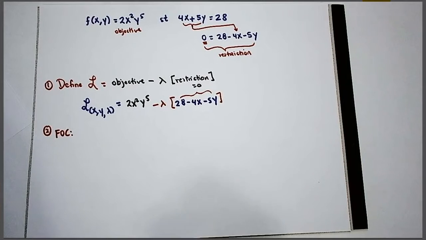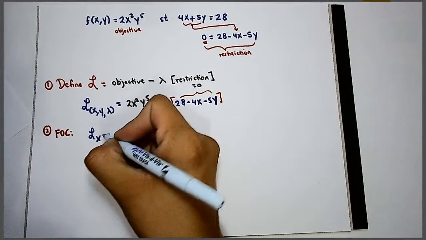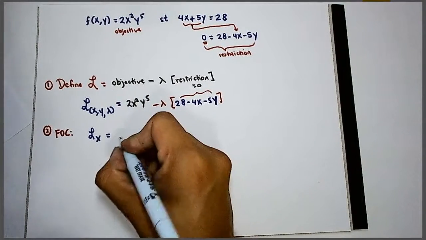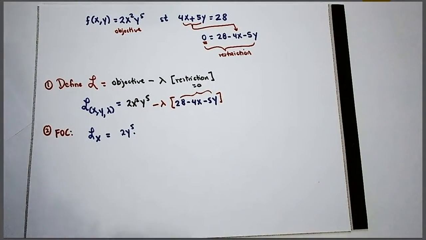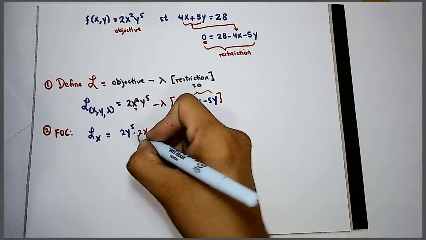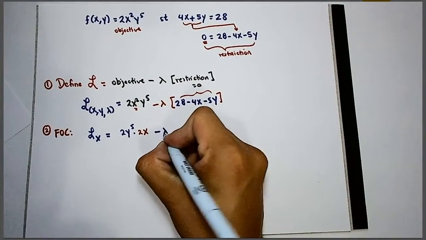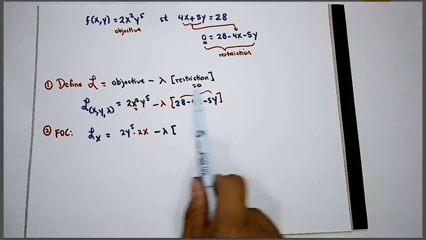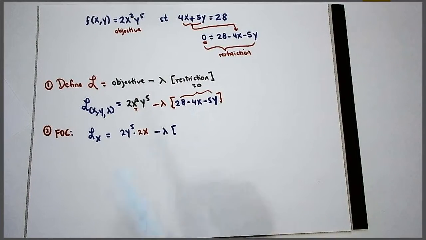Here we have three partials. First, with respect to x. So here we have 2y to the fifth, which is the constant part, times the derivative of x squared, which is 2x, minus lambda times, inside these parentheses, the only part that has x is minus 4x.